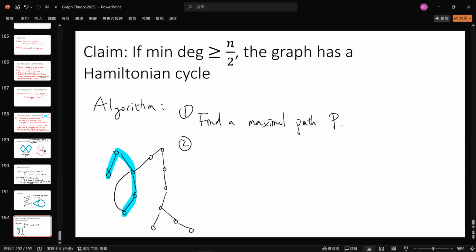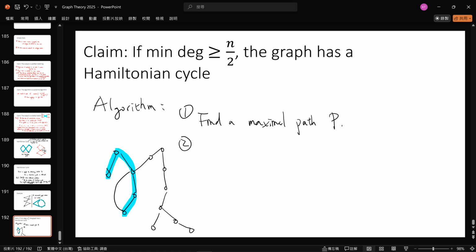In this case, you cannot add this edge. So just keep adding edges to the endpoints until you cannot do it, and that's it. All right, so we can always find a maximal path, and it is easy.